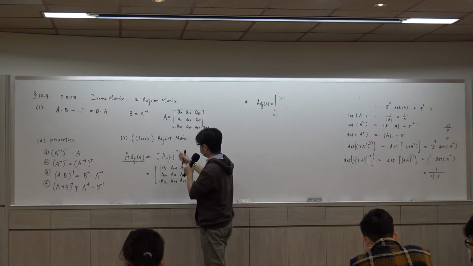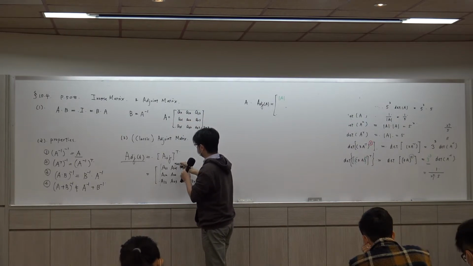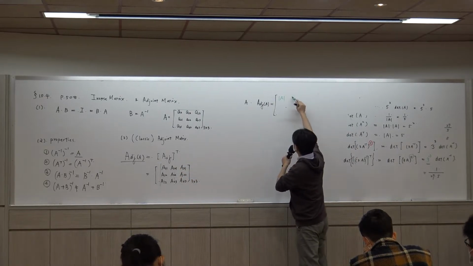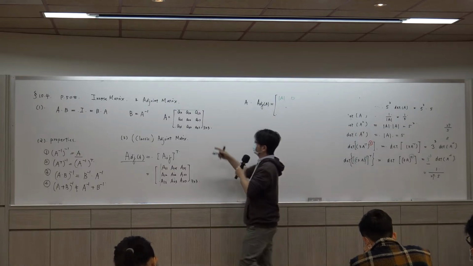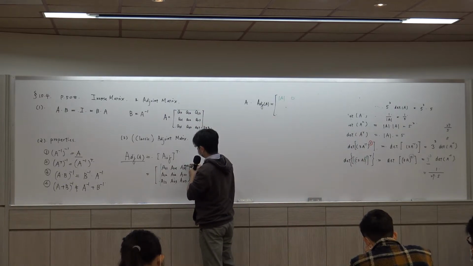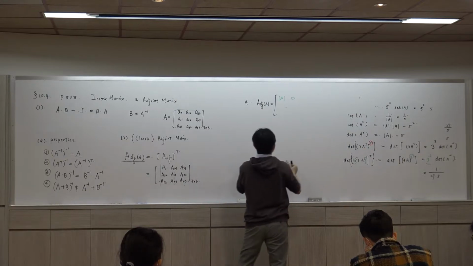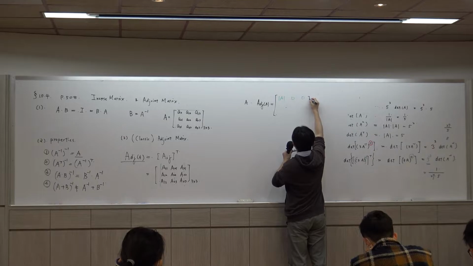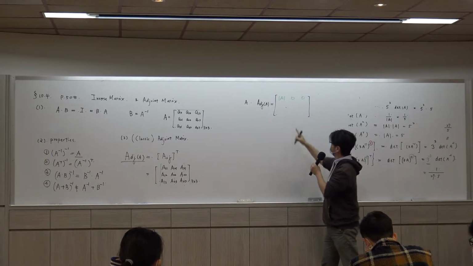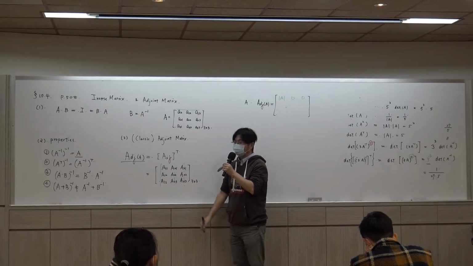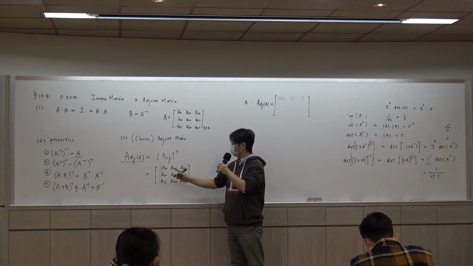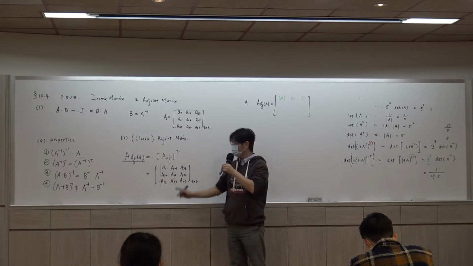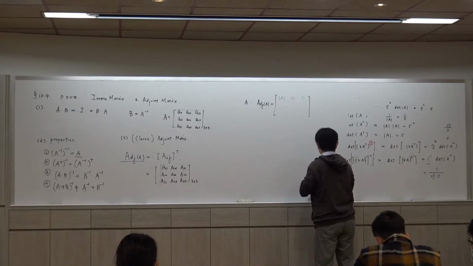And the first row times the second column equals 0. The first row times the third column equals 0. The result is based on the property we mentioned in last class.